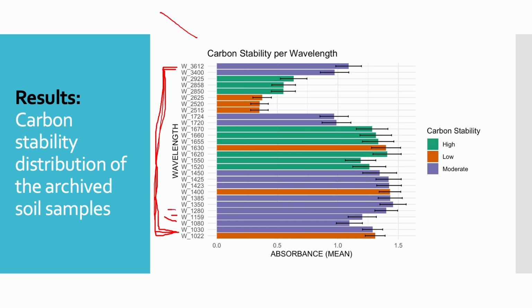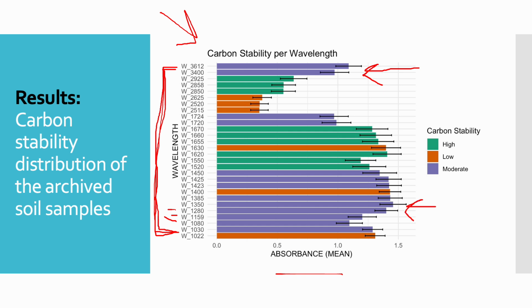In this graph about the carbon stability distribution of the archived soil samples, you can notice that most of the absorbance from the soil samples was detected in the wavelengths that have functional groups with moderate carbon stability. It is represented by the violet or purple bars right here and also right here.